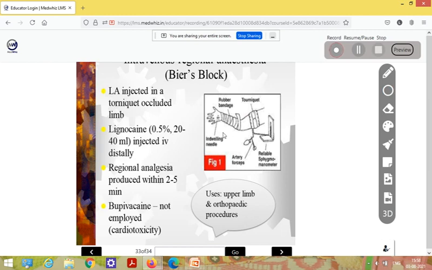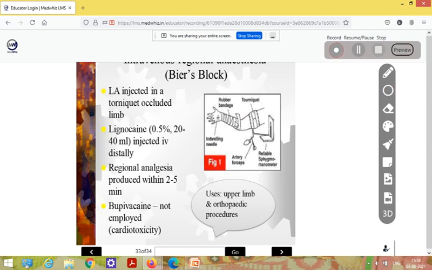You are going to use this technique mainly for upper limb procedures and also for orthopedic procedures. What you're going to do is elevate the limb and try to drain off the venous drainage, and then you're going to wrap a rubber bandage over it. Again, this is to squeeze off the remaining vascular drainage, and then you're going to apply a tourniquet.